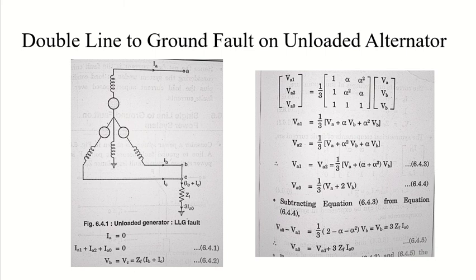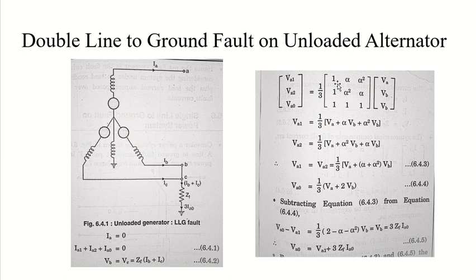So it will be ZF into, see what will be the current. ZF is my fault impedance. Two currents are coming from different phases, so IB plus IC times ZF will be the value of my VB or VC, whatever you want to call, because both of them got shorted. Now let's try to find the positive, negative and zeroth sequence components for all three of them.